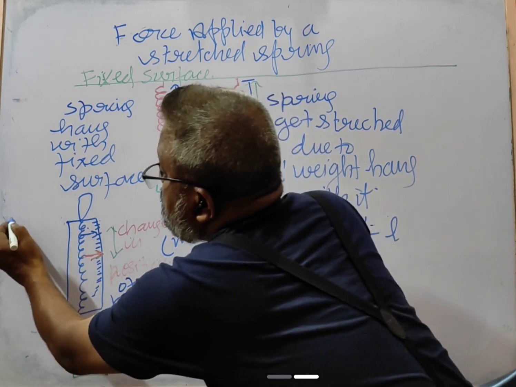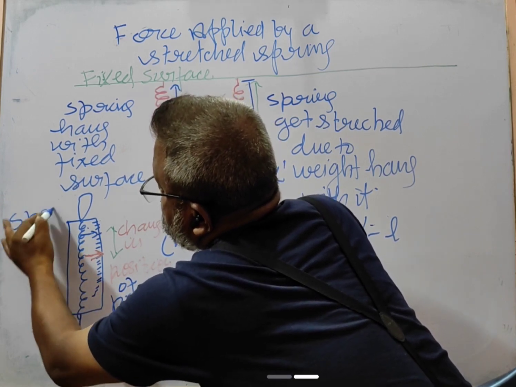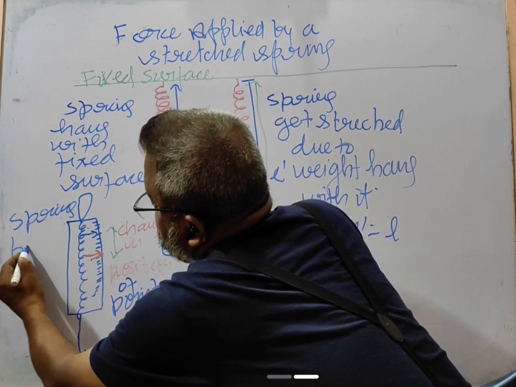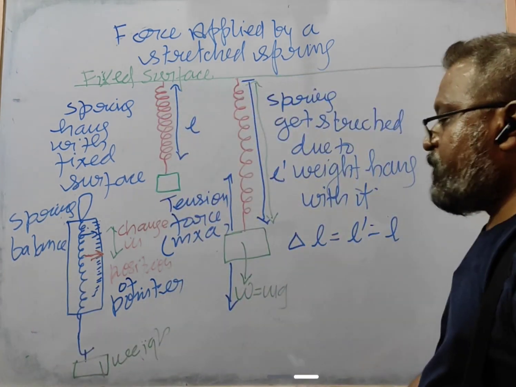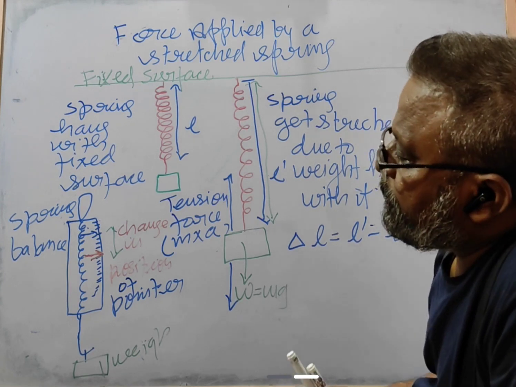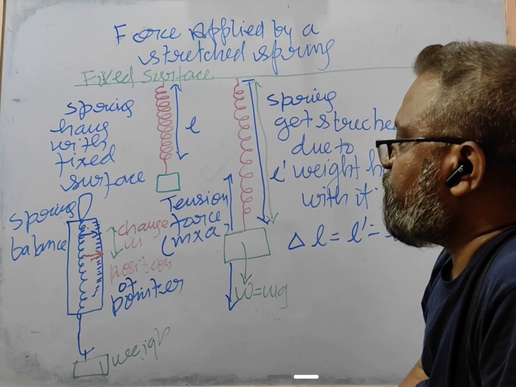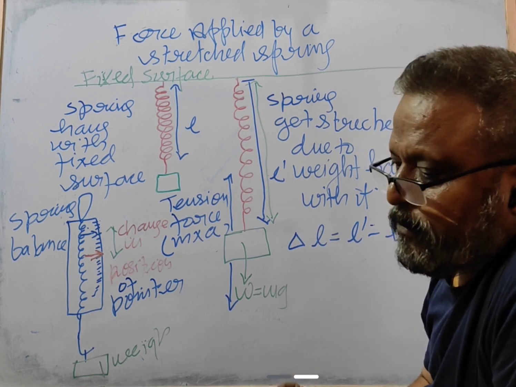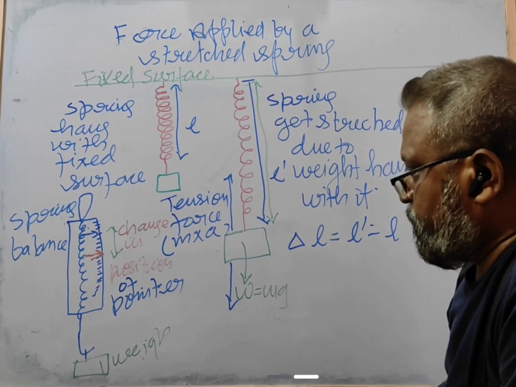And this is the spring balance, right? You have read that the spring balance is used for measuring weight, and a beam balance or physical balance is used for measuring the mass of an object.